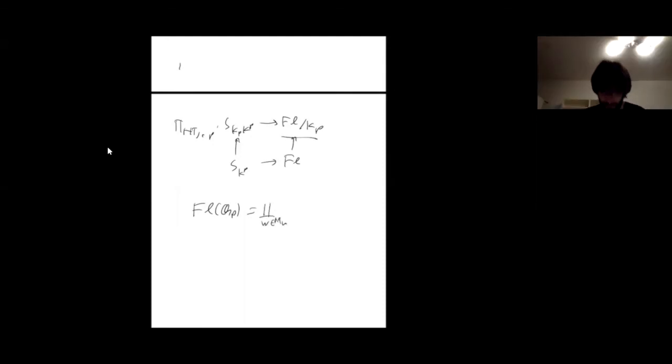This is just the pre-image of the Fp points, but there's some decomposition like this, where the decomposition is literally indexed by orbits of the Iwahori.